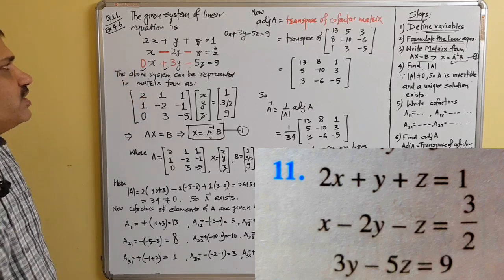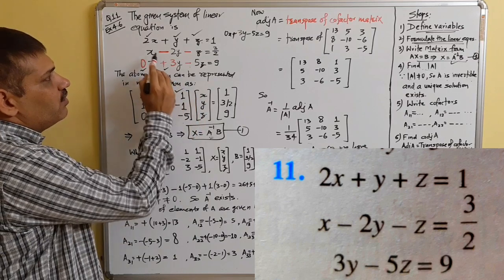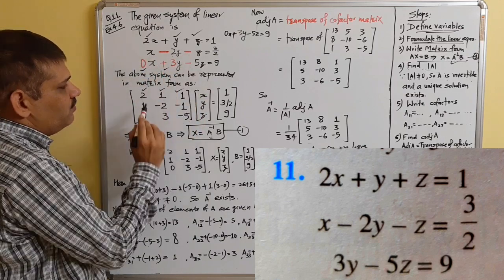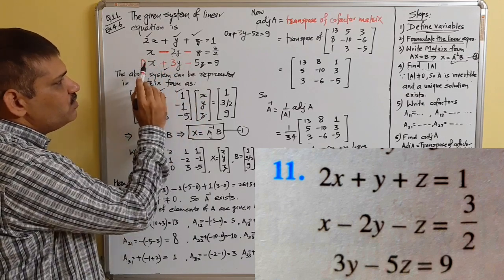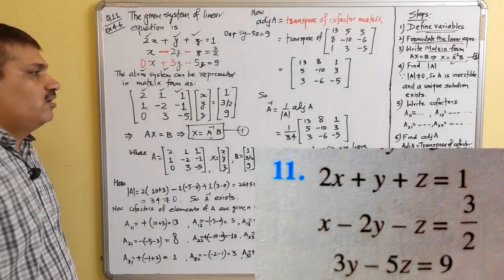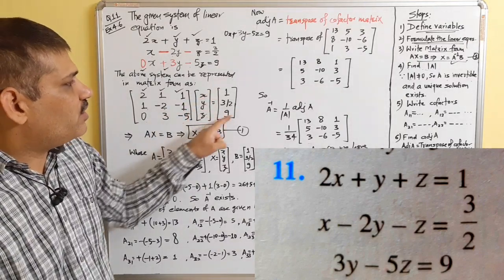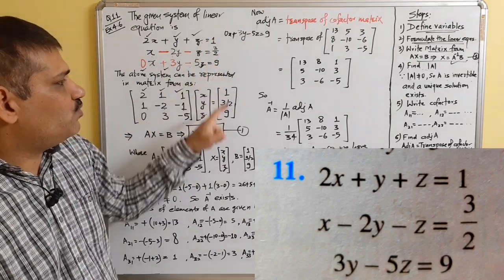Now we write the coefficient matrix, that is 2, 1, 1; 1, minus 2, minus 1; 0, 3, minus 5. And the column matrix of variables x, y, z, and the column matrix of constants 1, 3 by 2, 9.